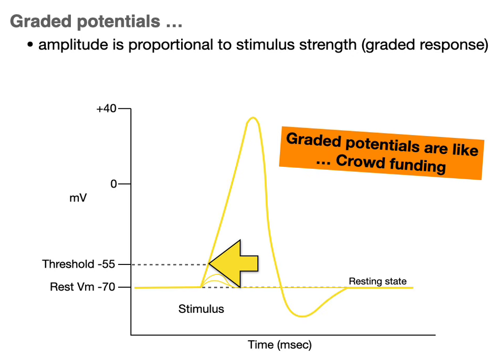Graded potentials are a lot like crowdfunding. I remember there was this microphone that I invested in years ago, like 10 or more years ago, before we had all these cool mics in the classroom. It was like a throwable microphone. And so they had this crowdfunding.